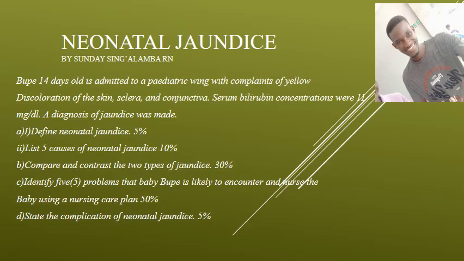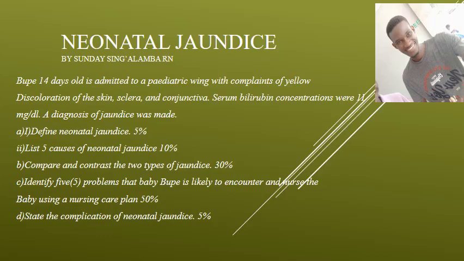We know that the conjugation of bilirubin takes place in the liver. After the conversion of bilirubin to unconjugated bilirubin has taken place, it has to be carried to the liver for conjugation, and it is usually carried on one of the plasma proteins.